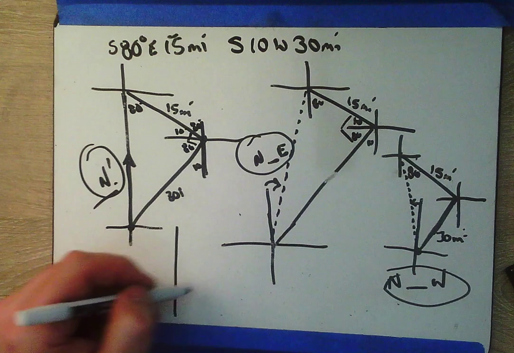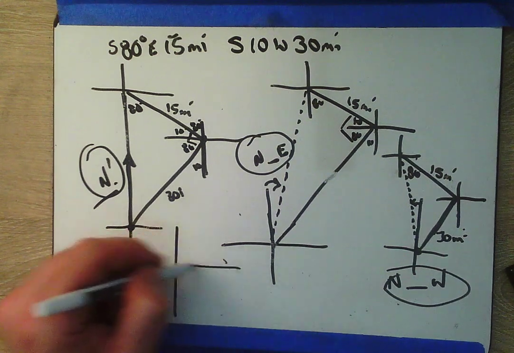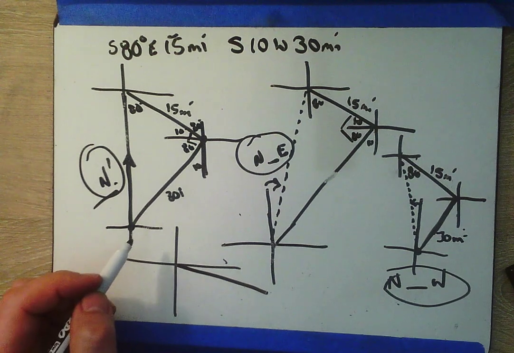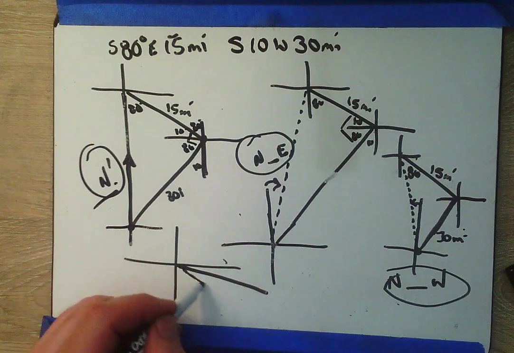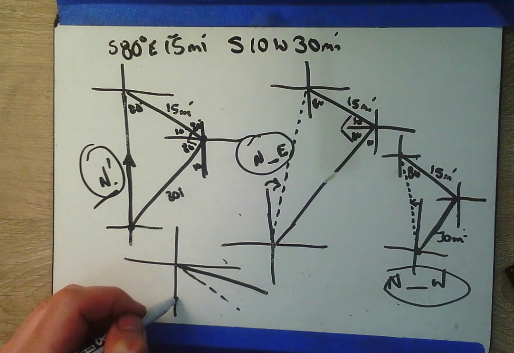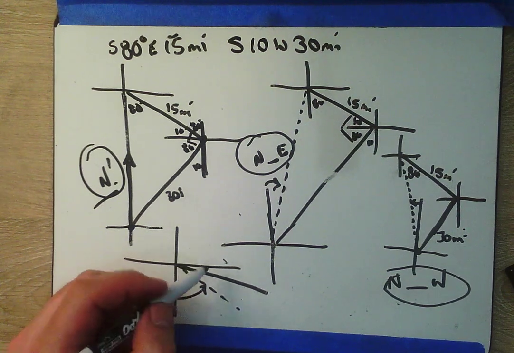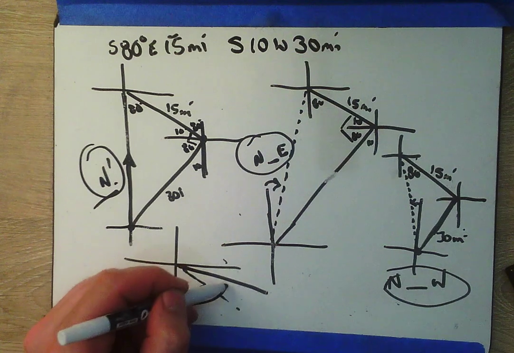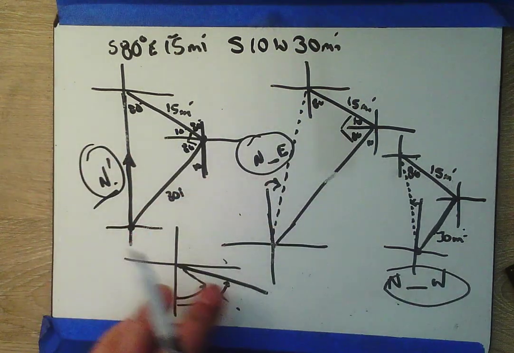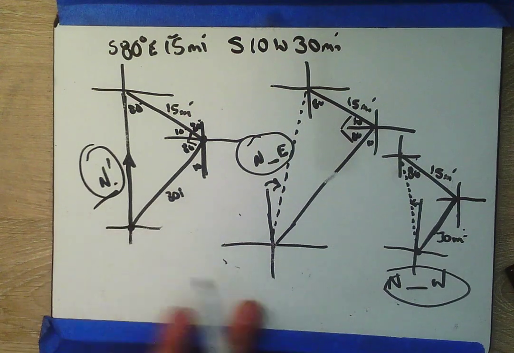An 80-degree angle is most of the way, not merely some of the way, from south over. That's not south 80. This is much closer to south 80. But I haven't drawn that in these pictures, right? I was being kind of casual.